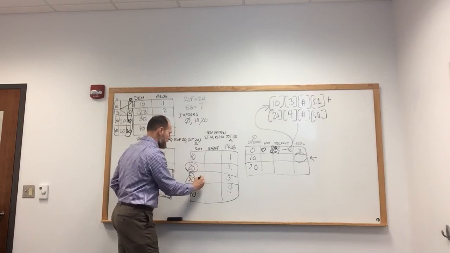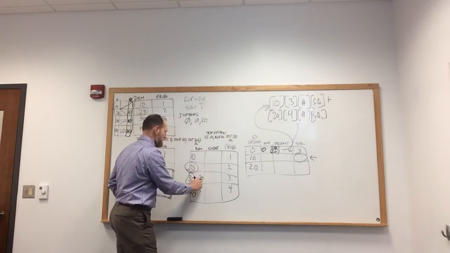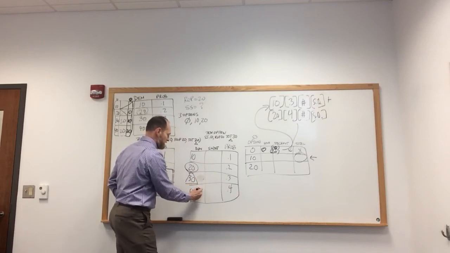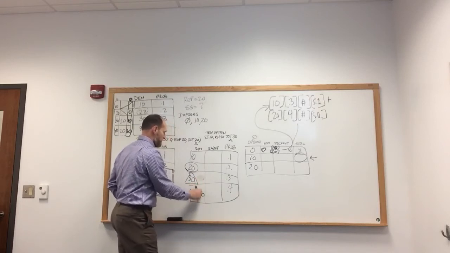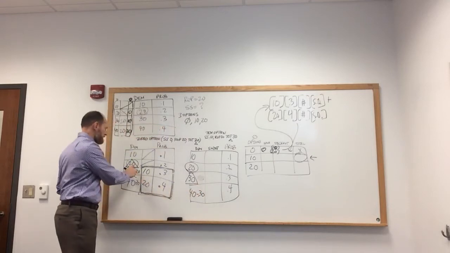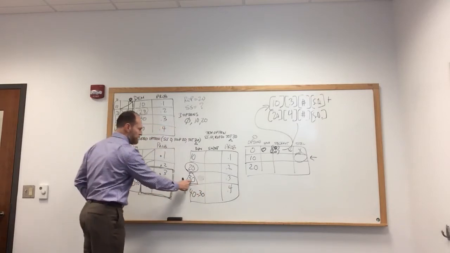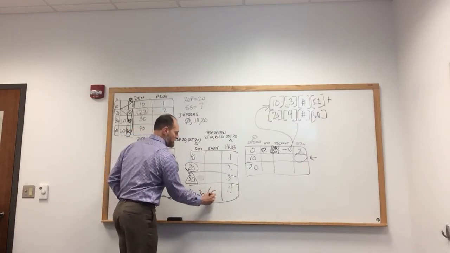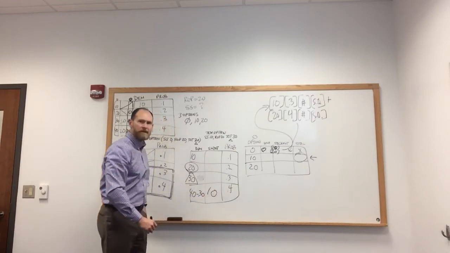So we're going to mark that 30 with our triangle here, and then we're going to drop our 30 down here. Our 30 is what we drop down. Our triangle is what we drop down. So in this case, it's 30. So 40 minus 30 generates a shortage of 10.